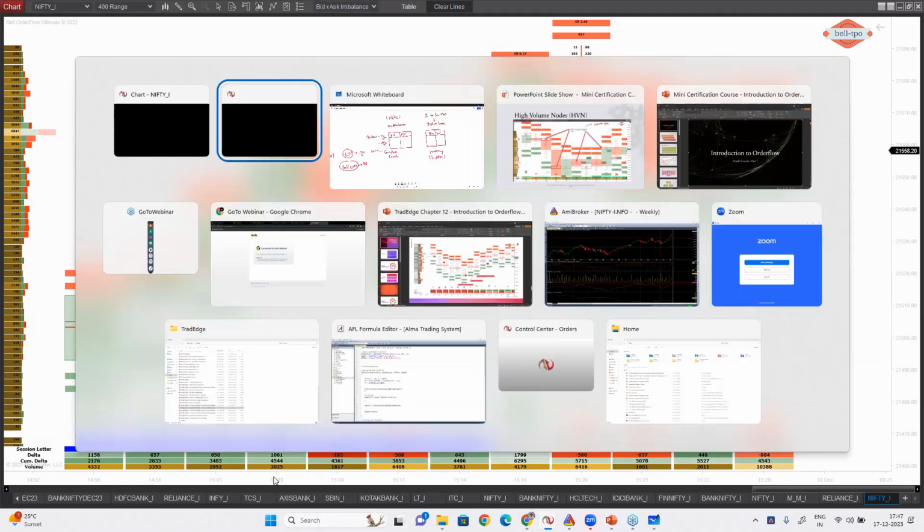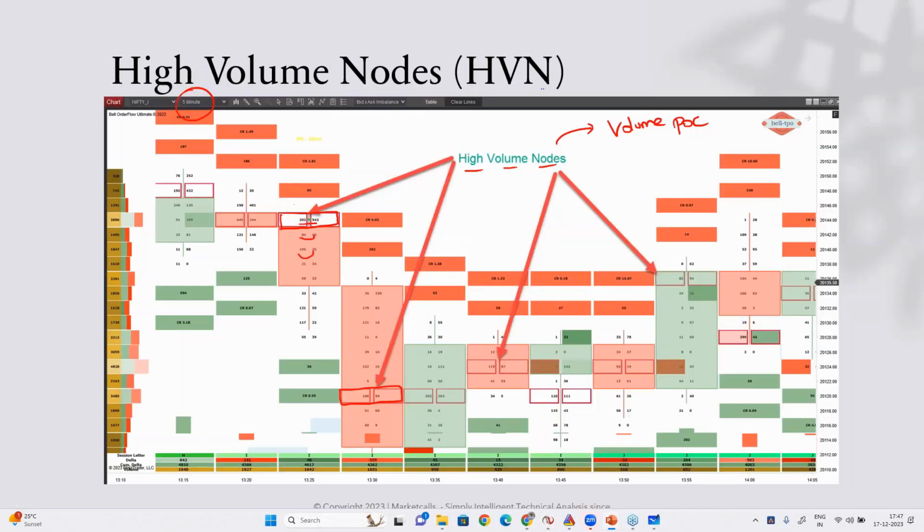All right. Now coming back to the topic here. So we discussed high volume nodes. On the extreme left hand side, you can see we have a thing called intraday volume profile, which is shown in numbers in the golden color.